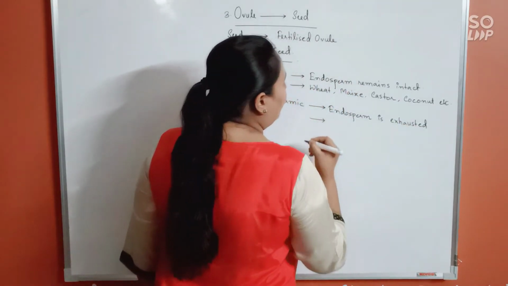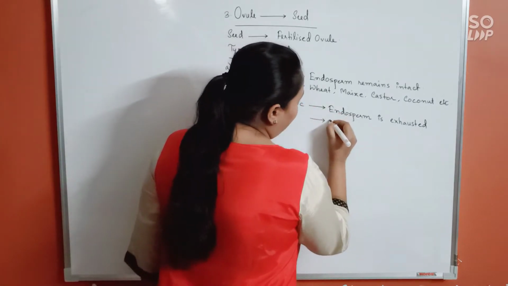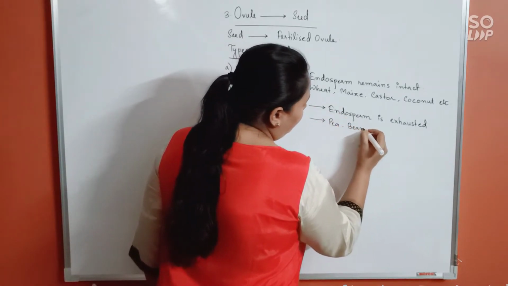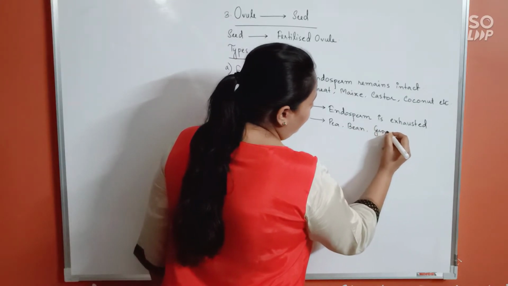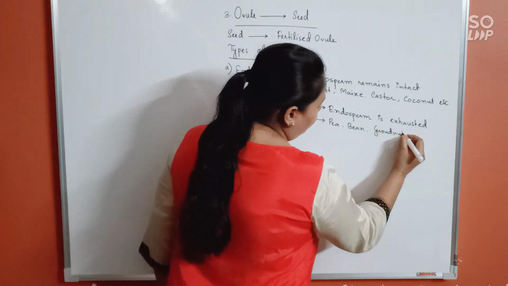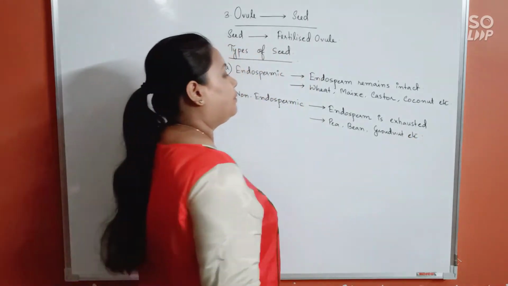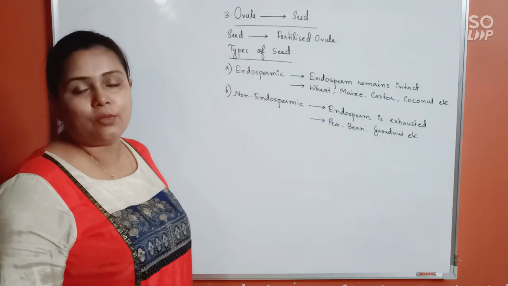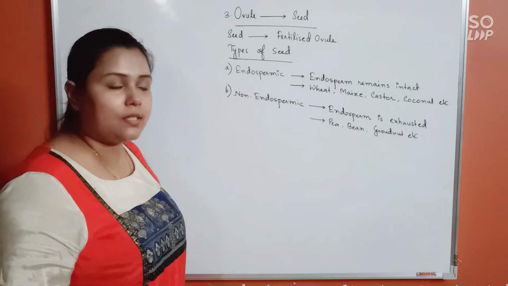It is mostly found in the dicots. Example can be pea, bean, groundnut, etc. Alright, also we can call the non-endospermic seeds to be ex-albuminous seeds.